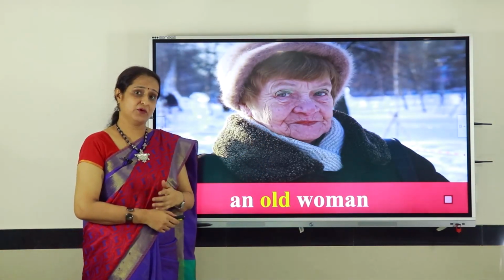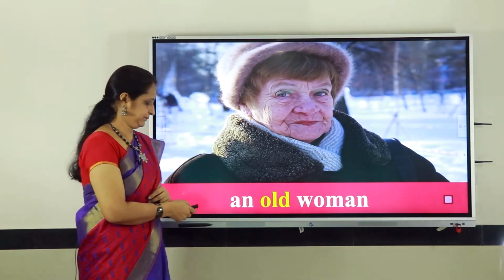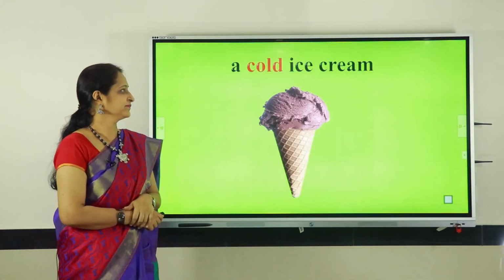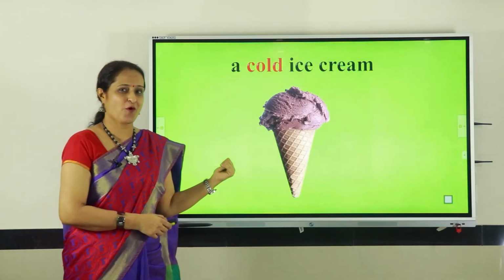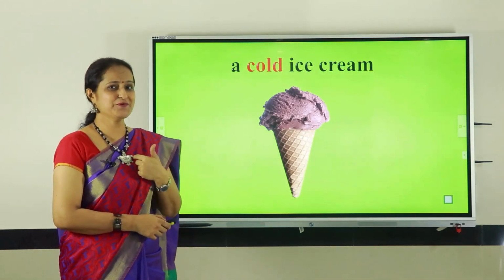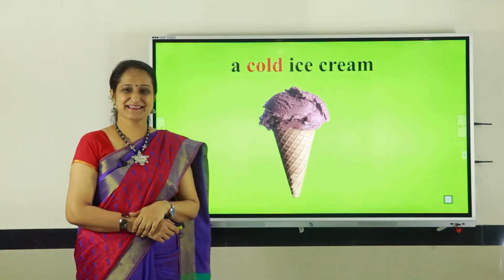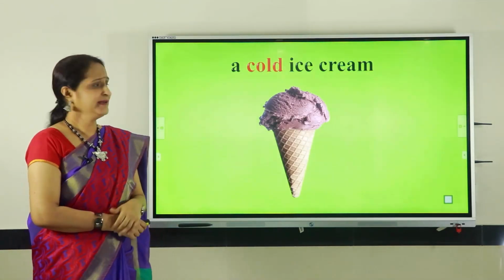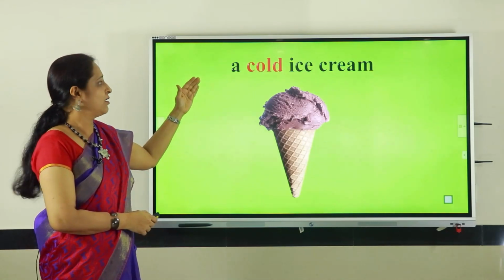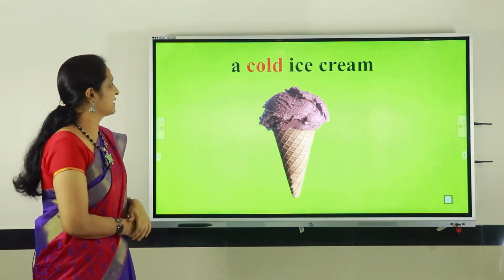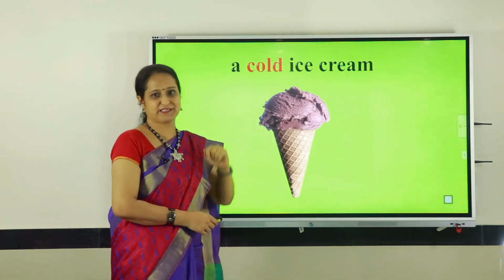Let's have a look at another picture. I know you all enjoy and relish this thing. So do I. What is the naming word for this thing? Yes, it's an ice cream. Now let us read the words near the picture. A cold ice cream.